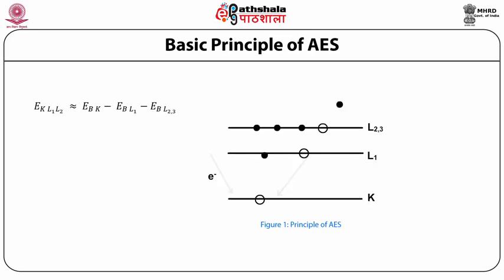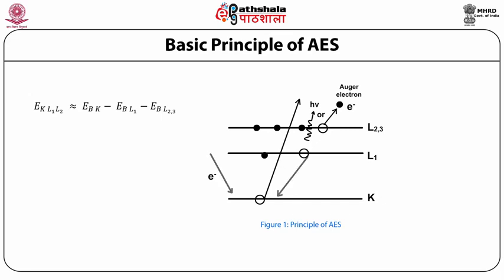Auger is a radiationless process where an excited ion decays into two doubly charged ions by ejecting an electron. The kinetic energy of an Auger electron is approximately equal to the energy difference between the binding energies in the electron shells involved in the Auger process.